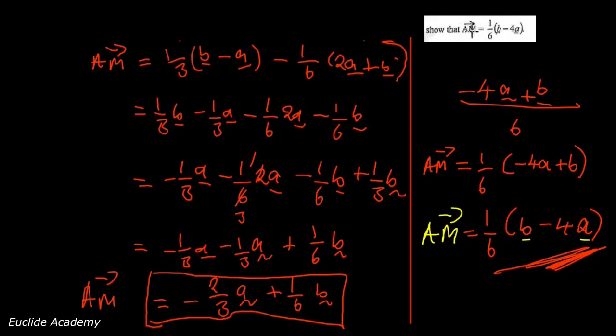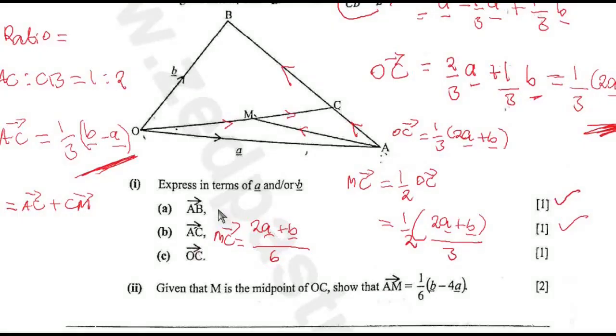So how have we done that? There was some work involved. We just had to find the vector. We said the vector AM should be equal to the vector AC plus the vector CM.